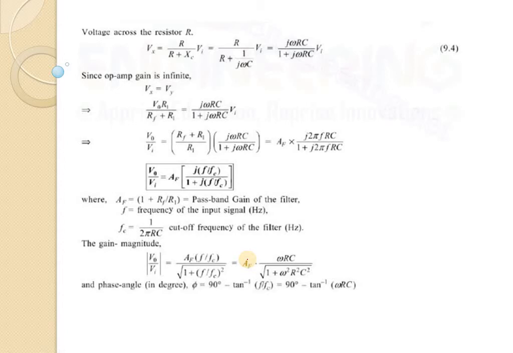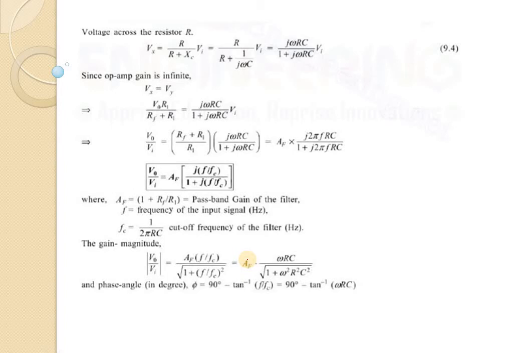So the ratio becomes V0 by Vi equals AF times j F by Fc divided by 1 plus j F by Fc, where AF is 1 plus Rf by R1, the pass band gain of the filter, F is the frequency of the input signal, and Fc is 1 by 2 pi RC.